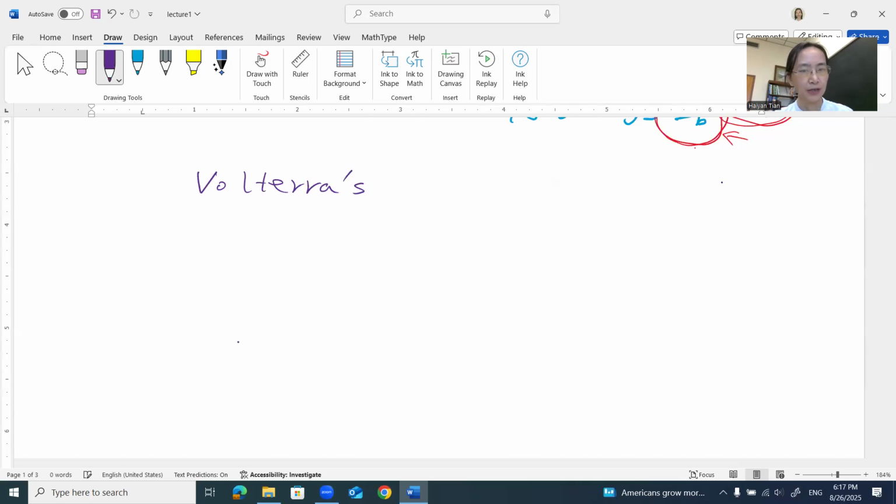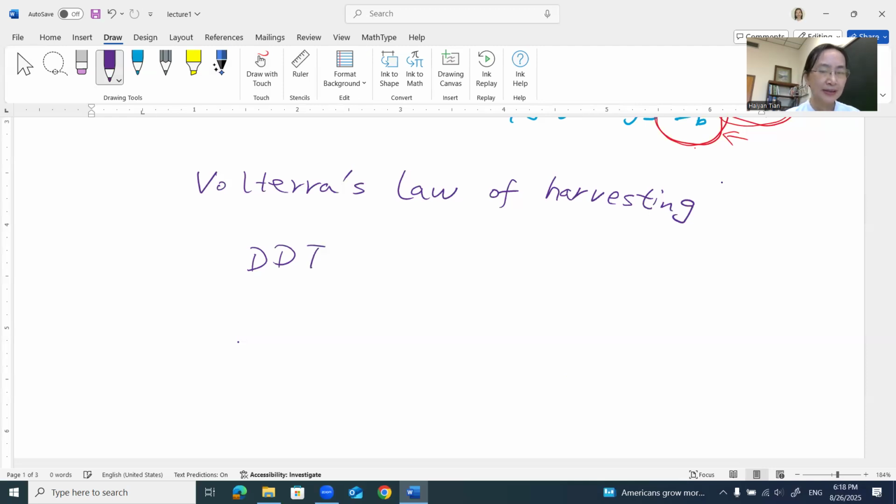So here's Volterra's law of harvesting. We see this law actually can very well explain another phenomenon, that is DDT, which is insecticide.